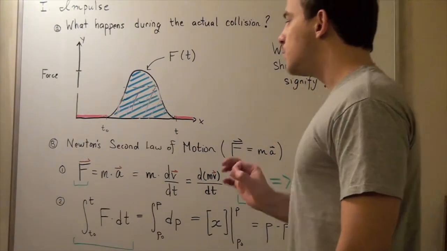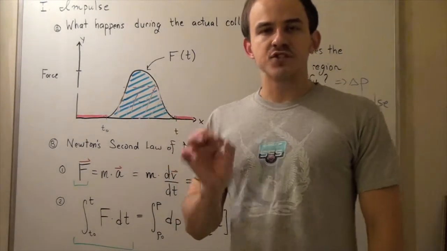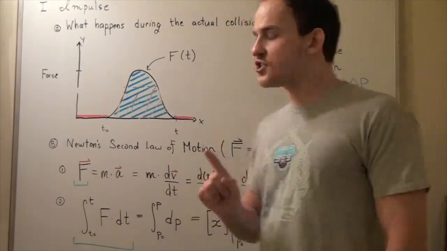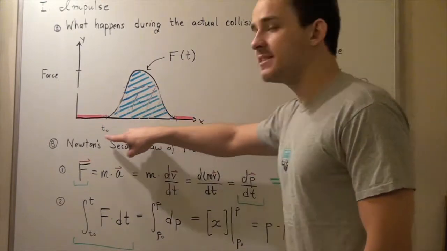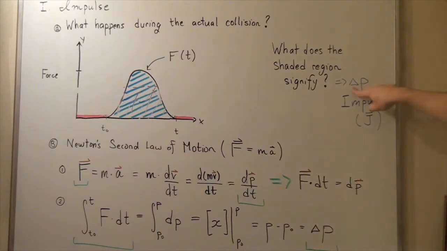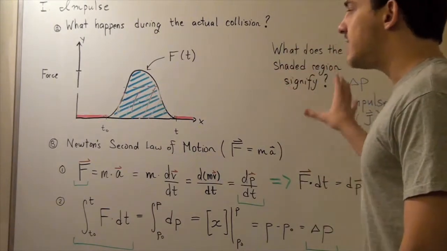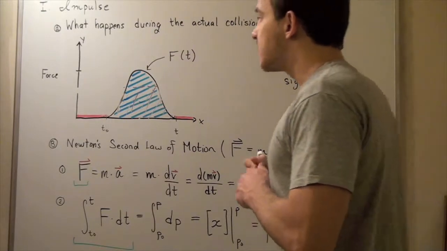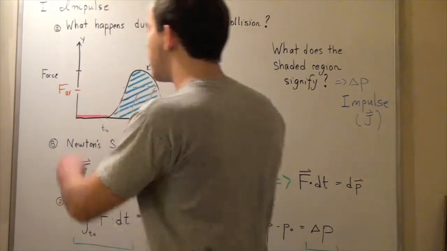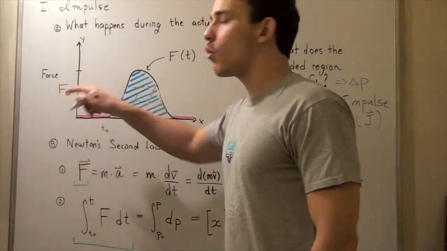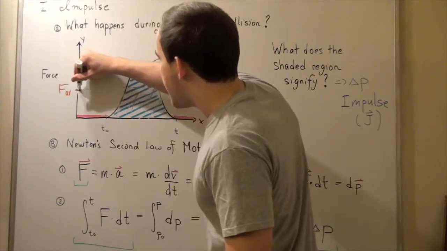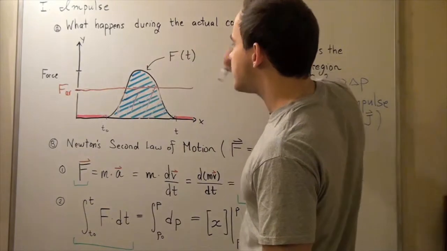Now, it is sometimes useful to talk about a concept called the average force of a collision, which is basically defined to be a constant force which, if it acts over the same time interval, will produce the same exact impulse, the same exact change in momentum. So let's see what that means graphically. Suppose I define my average force to be at this point. Since my average force is constant, the curve it produces will be a straight line going along this axis.